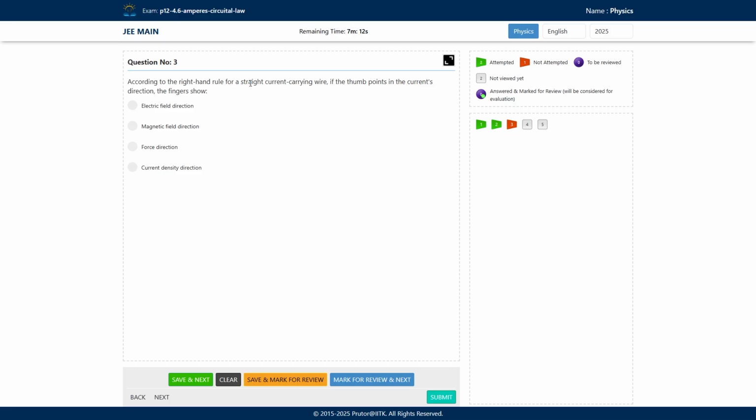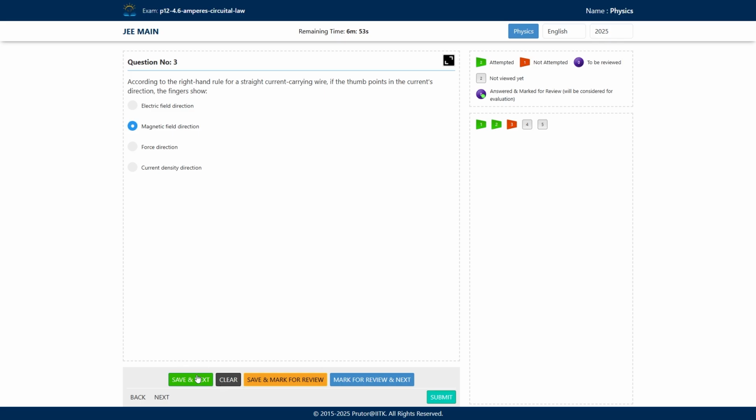According to the right hand rule for a straight current carrying wire, if the thumb points in the current's direction, the fingers show the electric field direction, magnetic field direction, force direction, or current density direction. Which is the correct option? This is very simple.